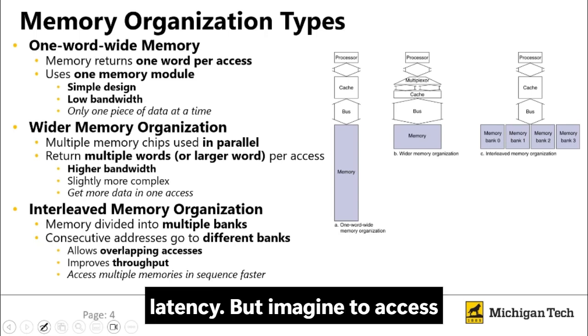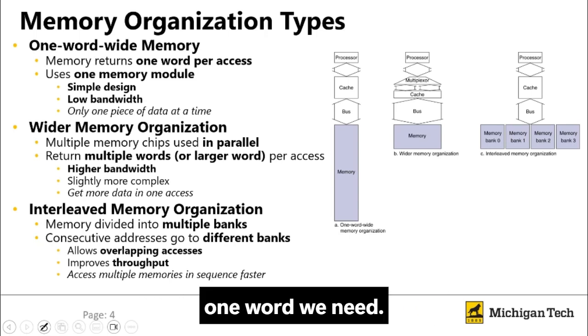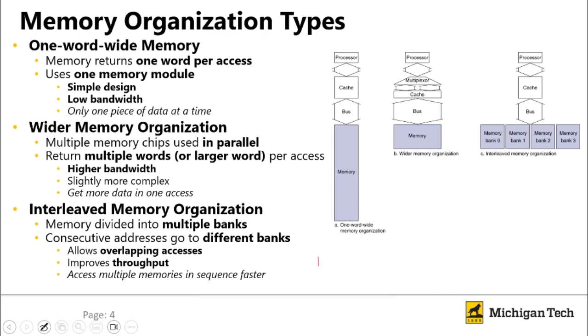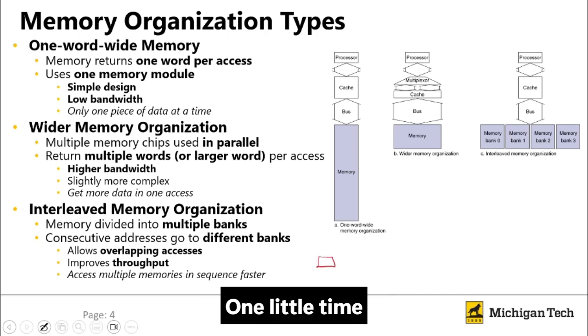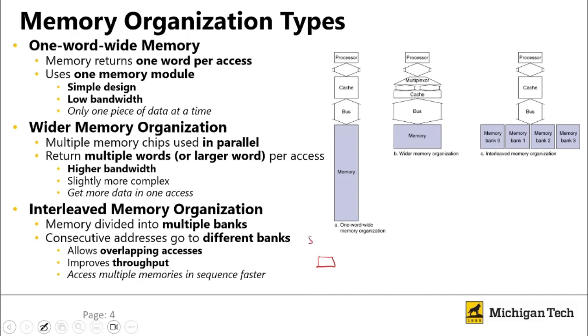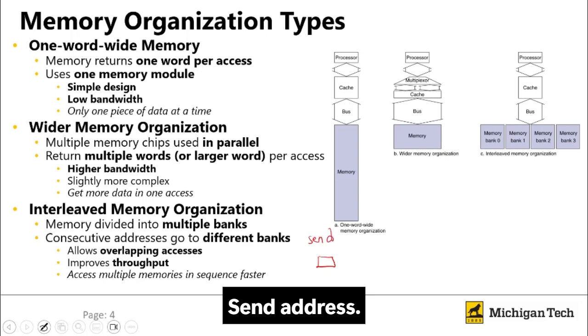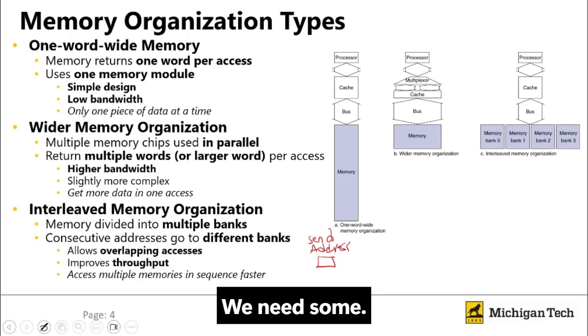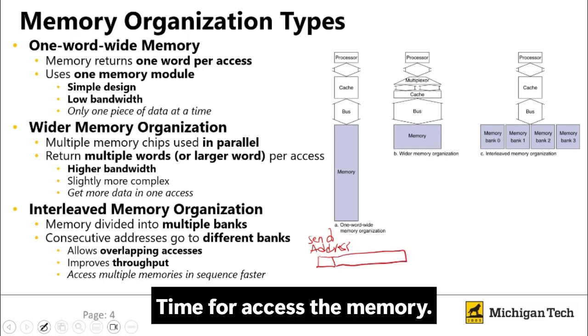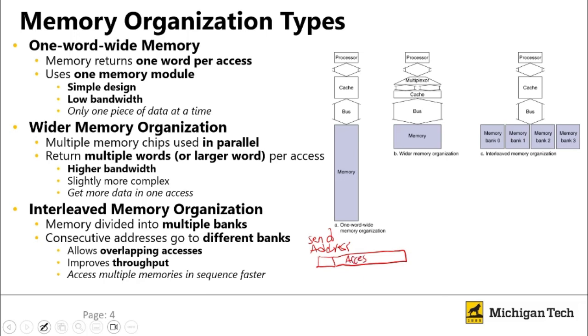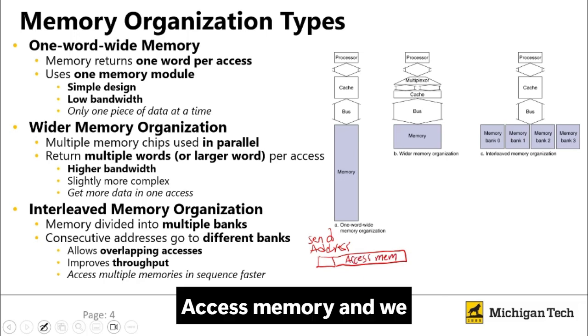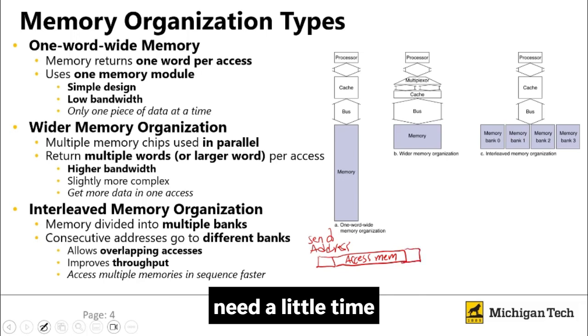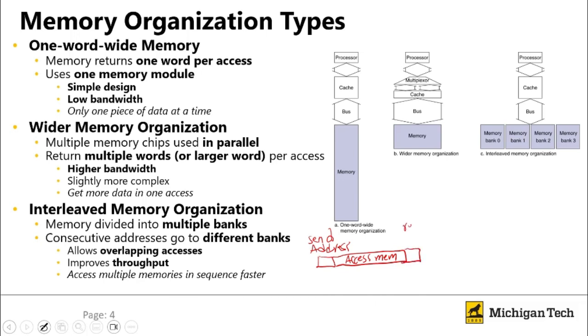Imagine to access one word, we need a little time for sending the address, some time to access the memory, and a little time to return the data.